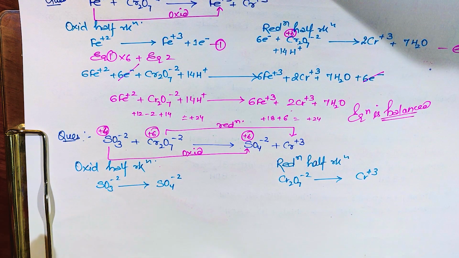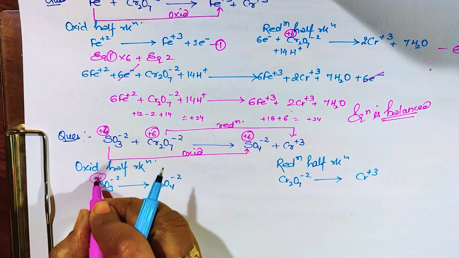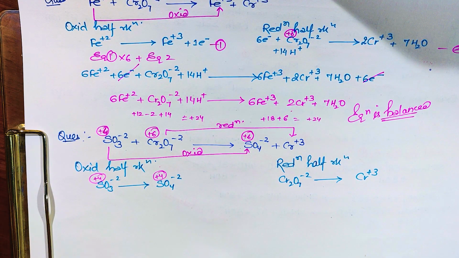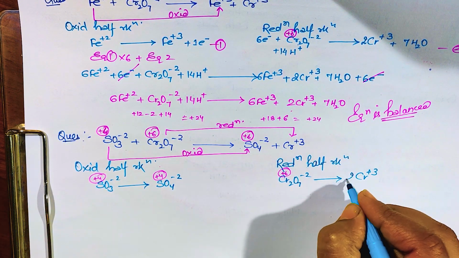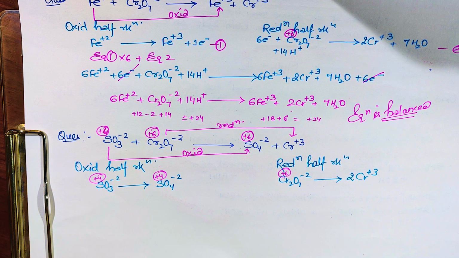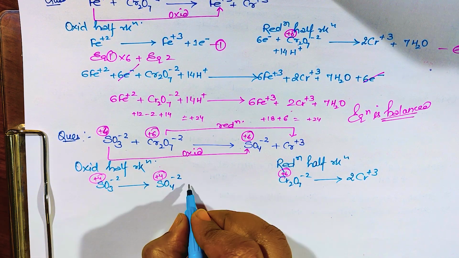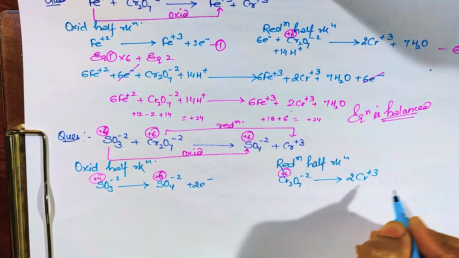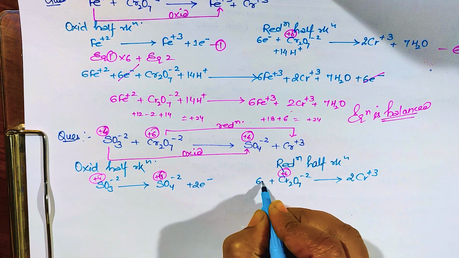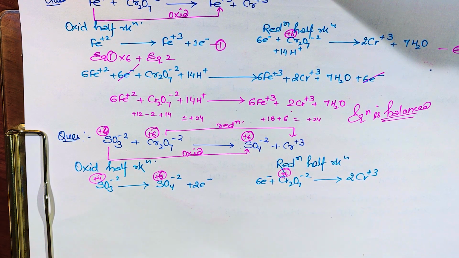The next steps we will do the same way. Number of atoms balance, already balanced, so no need. Here it is 2 but here it is 1, so just balance it and then find the total difference. It will be 2 difference, so there are 2. This is plus 6, so 2 electrons should be added on this side, and in this case 6 difference, so 6 electrons should be added on this side, isn't it?